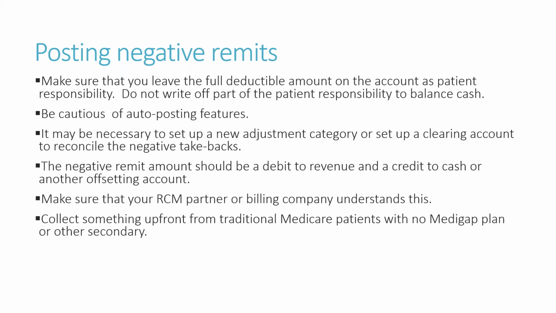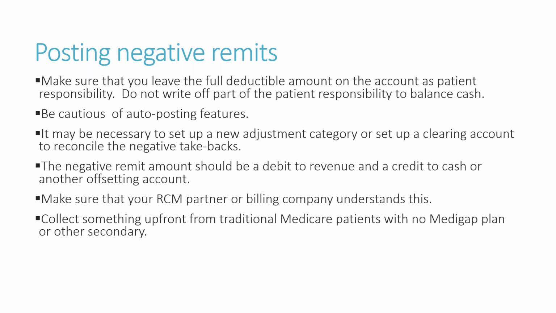Okay. All right. So when we're posting negative remits, we want to make sure that we leave the full deductible amount on the patient account as patient responsibility. Often we're tempted to write off part of the patient responsibility to try to balance cash, and we really want to leave that on.